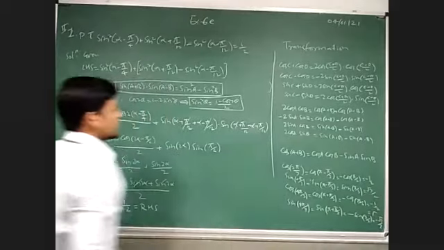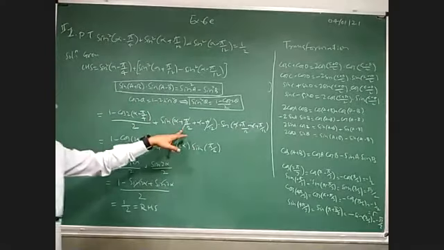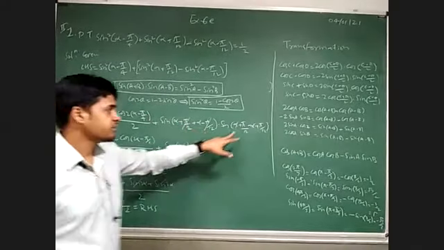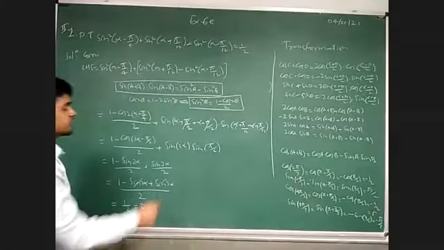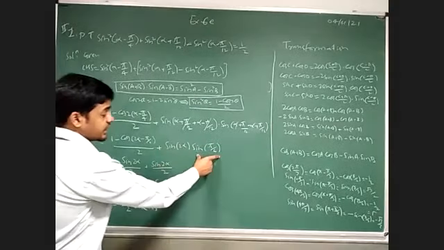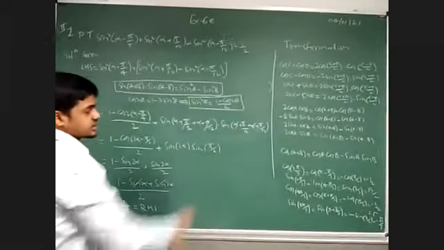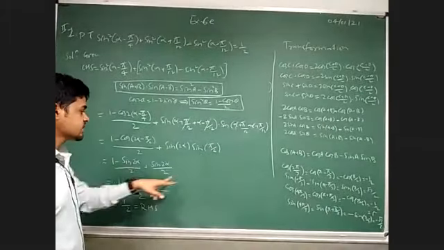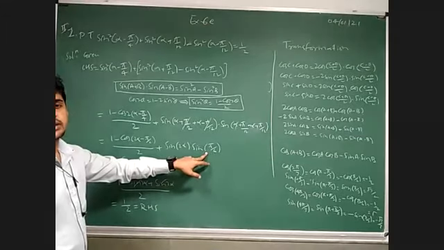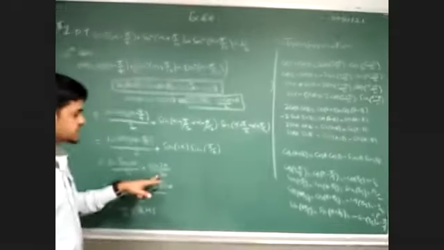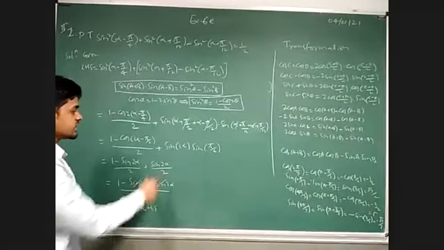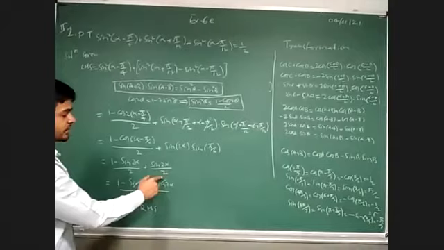After applying the formula, pi by 12 will get cancelled, and alpha will get cancelled from here. So we will have sine 2 alpha and sine pi by 6. Sine pi by 6 is sine 30, and sine 30 is nothing but 1 by 2. So I took 1 by 2, and here we will get sine 2 alpha by 2.